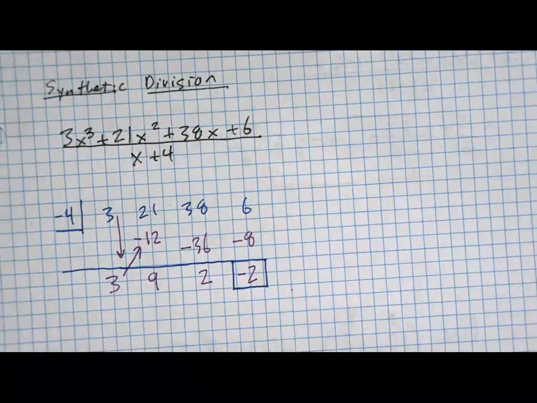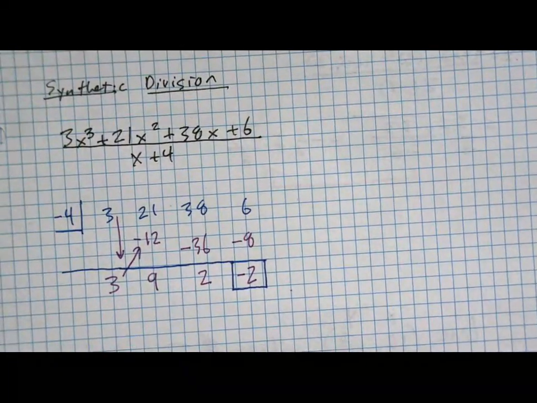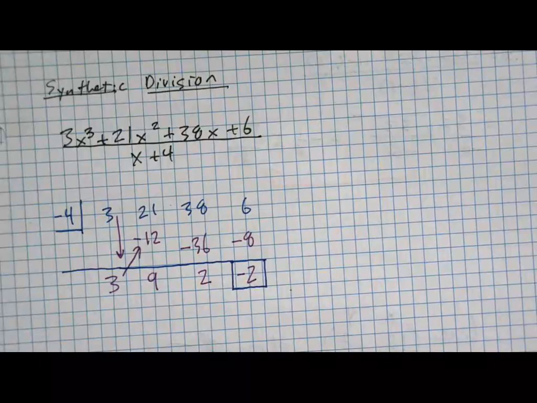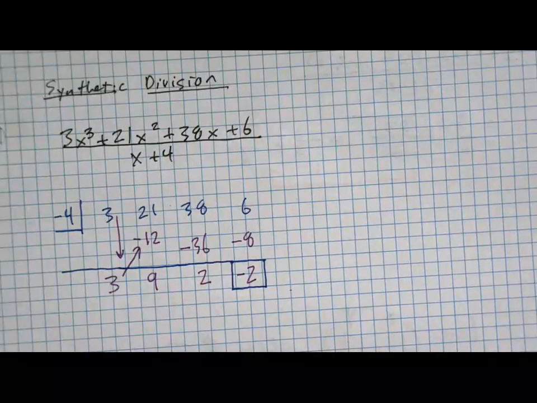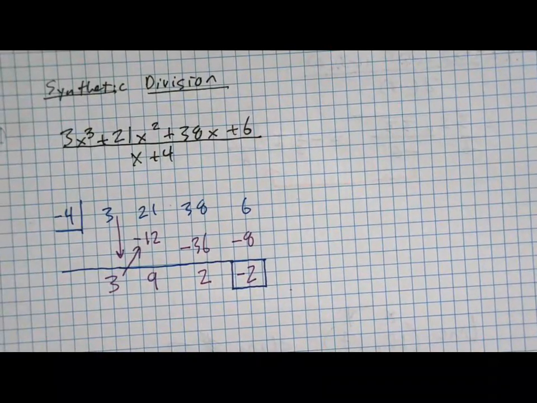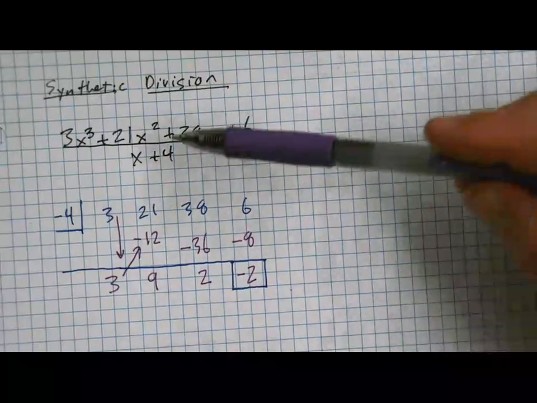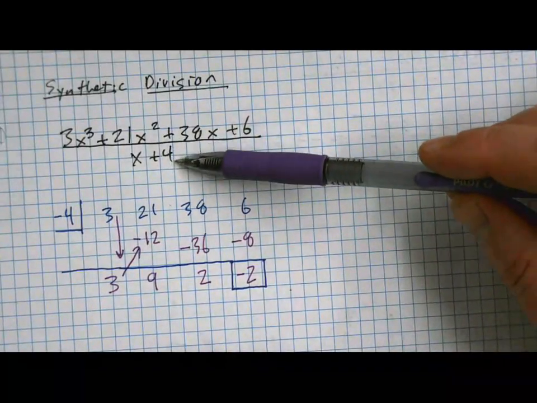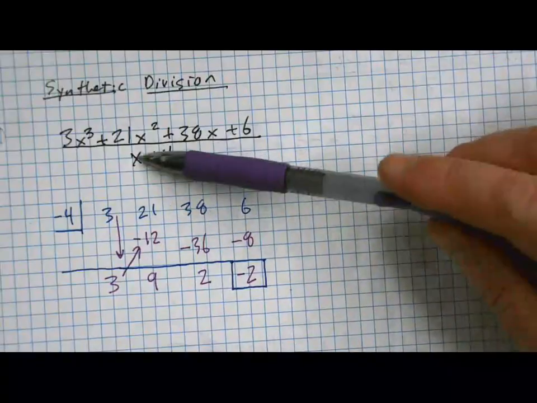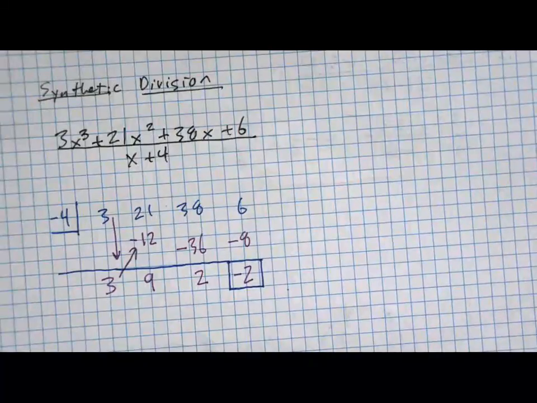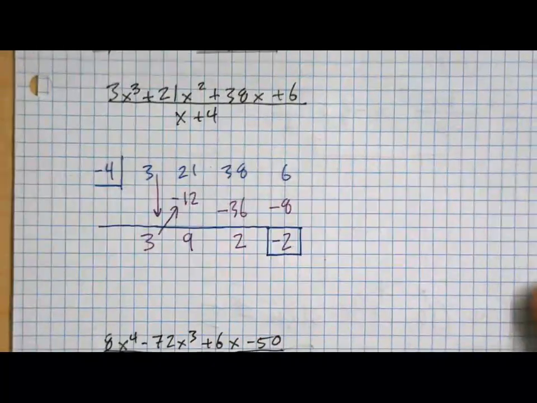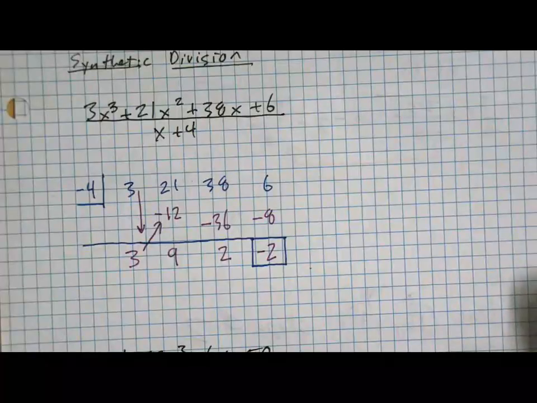And the remainder of negative 2. Yeah, way faster than long division. However, this only works if you're dividing by a first degree polynomial. So if you've got an x squared or x to the third power on the bottom, this doesn't work. At least I've never seen a version of it that can work that way.